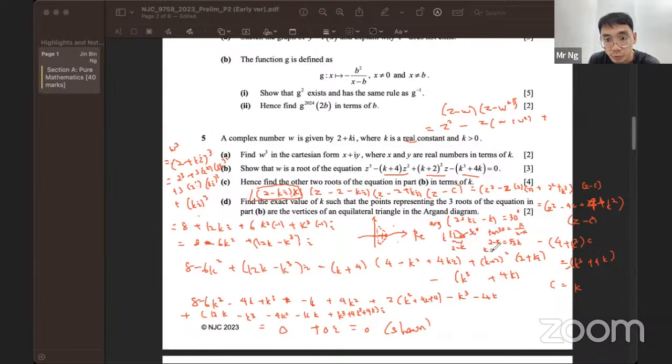So k equals to 2 over square root 3 plus 1. Okay, so because there's only one value of k, I just want to put it inside the calculator and roughly see their position, whether they are the same or not.